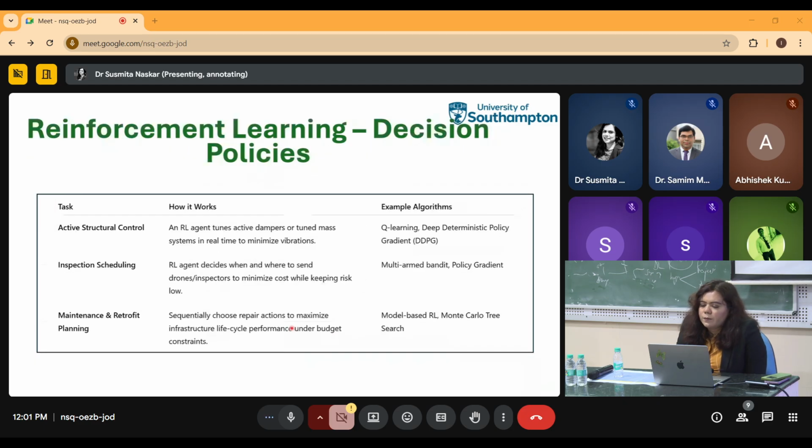And how about this one? Yes, and then what to do next? No, I mean in reinforcement learning, we try to learn from the environment and then take the decision on what is to be done after that. That can be maintenance, retrofitting, or inspection scheduling. So basically we learn from the environment what is needed and take the action accordingly, right? That's the main key difference.